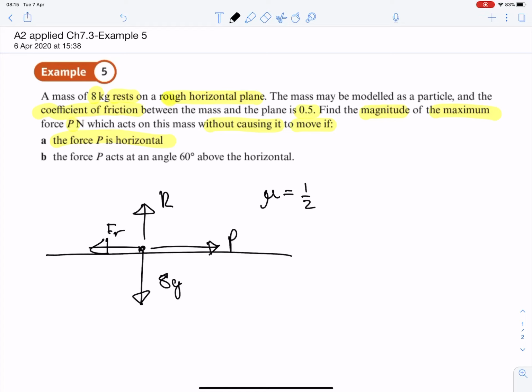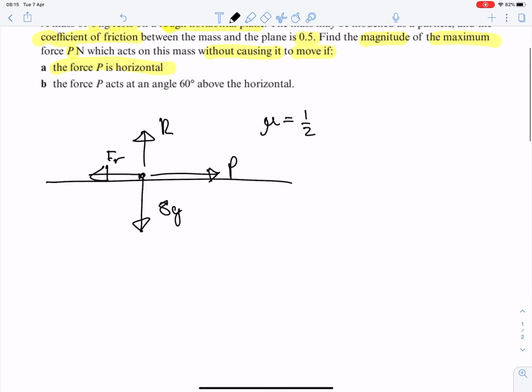Let's just read that through again and check we've got everything on. 8 kilogram mass, rough plane, friction is a half. Find the magnitude of the maximum force P which acts on this mass without causing it to move. So, what do we need to do?